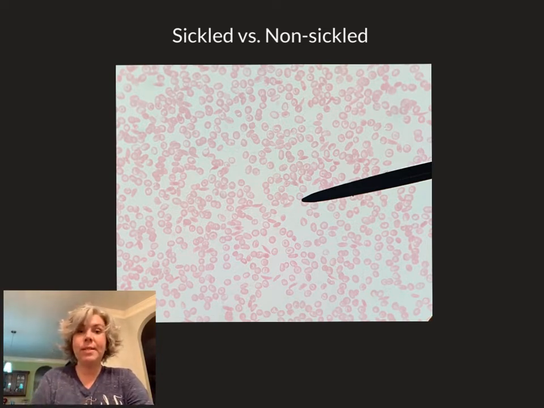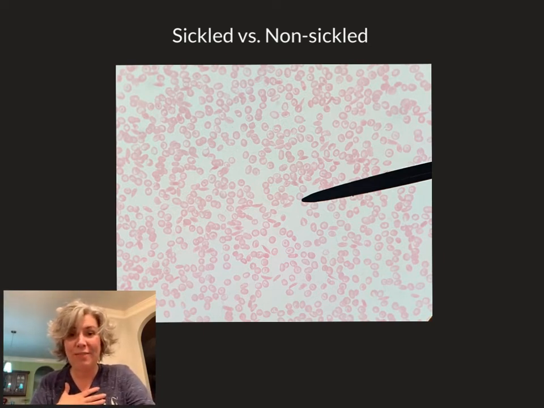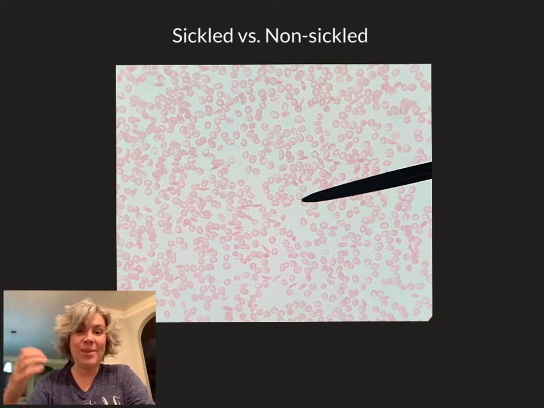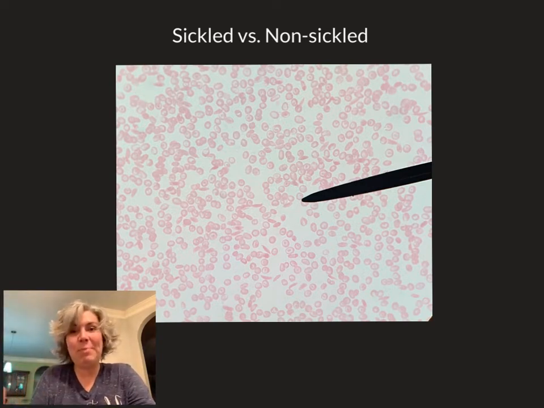A normal red blood cell is going to be nice and round. It has indentations on each side, little dips. They're described as being biconcave discs. I typically describe them as Lifesaver cream savers. If you've ever eaten a Lifesaver cream saver, they have these dips on each side. That's really what a red blood cell looks like on the microscopic level. And there are many normal ones here on this microscope slide.